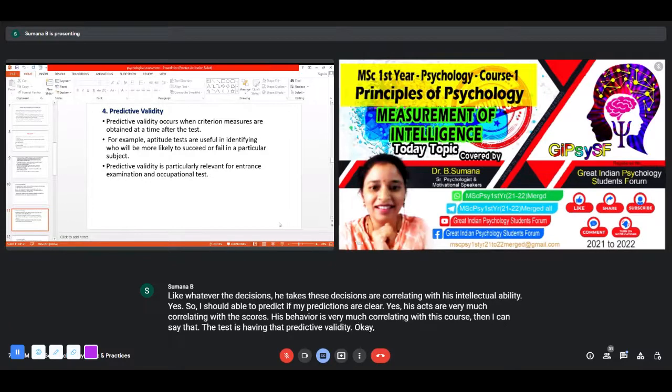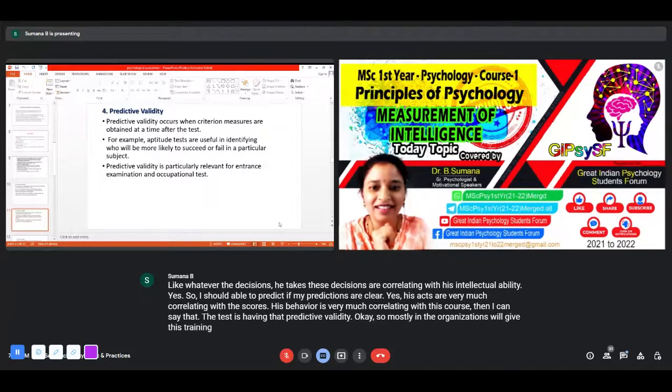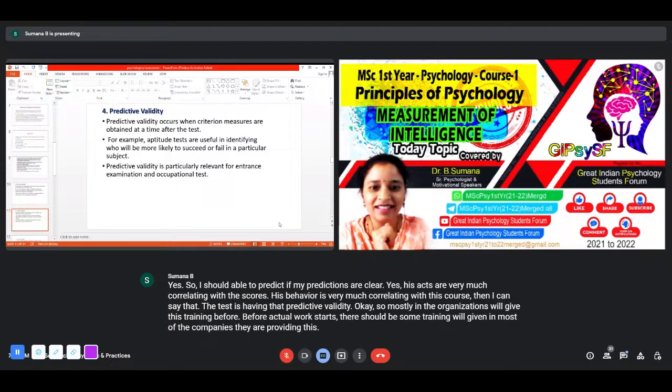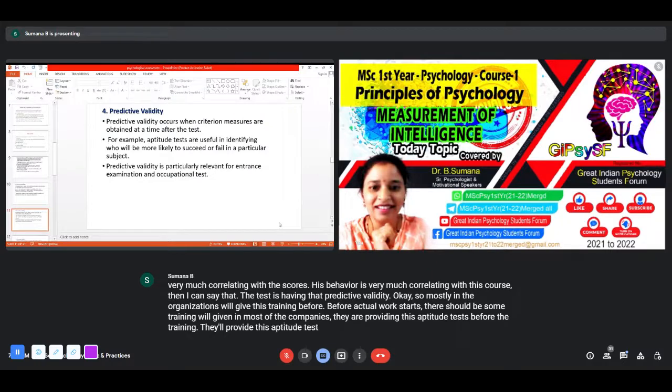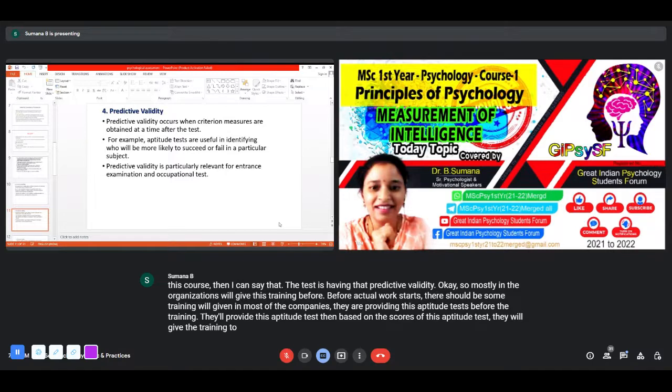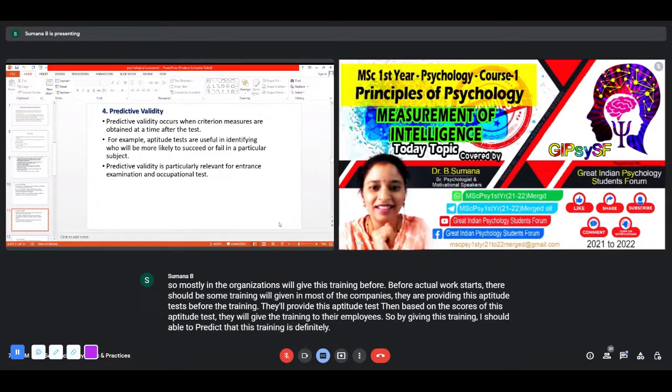Mostly in organizations, some training is given before actual work starts. In most companies, they provide aptitude tests before the training. Then based on the scores of this aptitude test, they give the training to their employees. By giving this training, I should be able to predict that this training is definitely useful for their job.